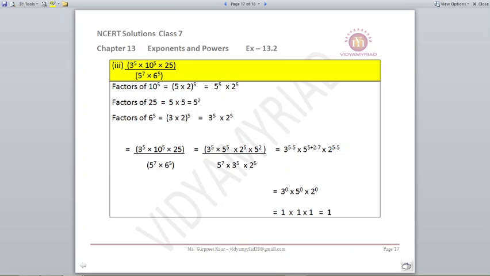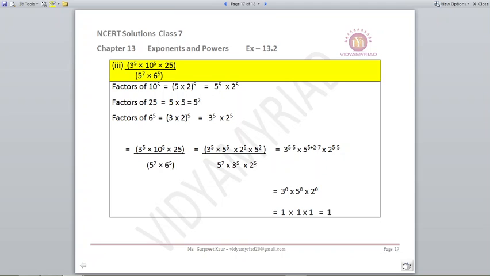Now rewrite the question again. It becomes 3 raised to power 5 multiplied by 5 raised to power 5 multiplied by 2 raised to power 5 multiplied by 5 raised to power 2 divided by 5 raised to power 7 multiplied by 3 raised to power 5 multiplied by 2 raised to power 5. Now all are in a form of 3, 5 and 2. Let us reduce it.